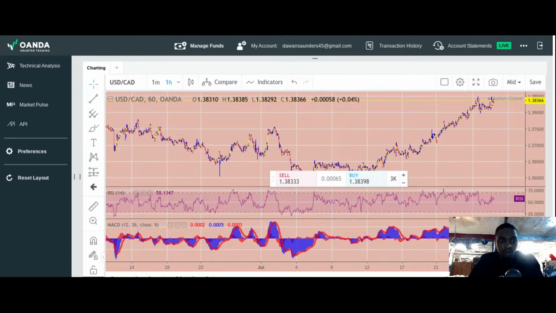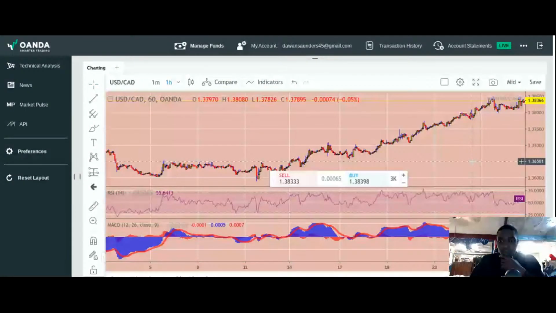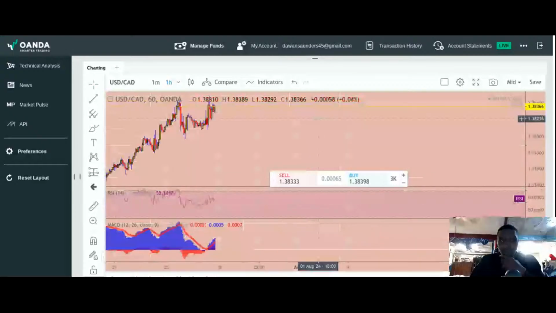I want to move my box over to this other corner over here. We're going to try to zoom in and give y'all a better look at the graph itself. Put it over here on this side.